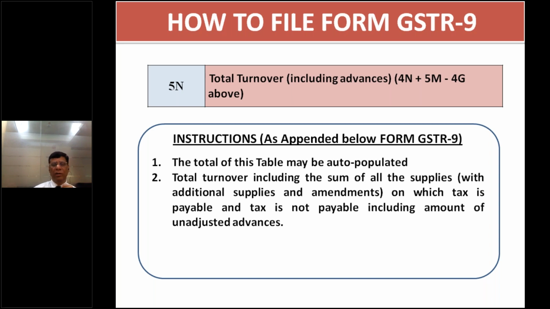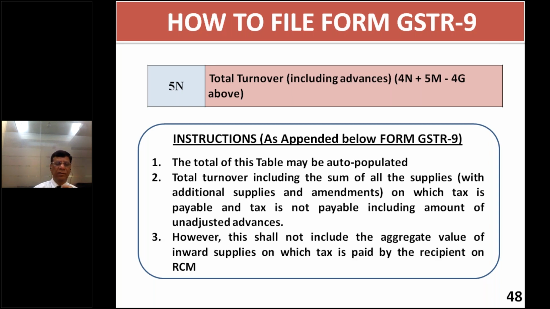Total turnover including the sum of all supplies with additional supplies and amendments on which tax is payable and tax is not payable, including amount of unadjusted advances. However, this shall not include the aggregate value of inward supplies on which tax is paid by the recipient on RCM. Now, this 5N is a significant information.